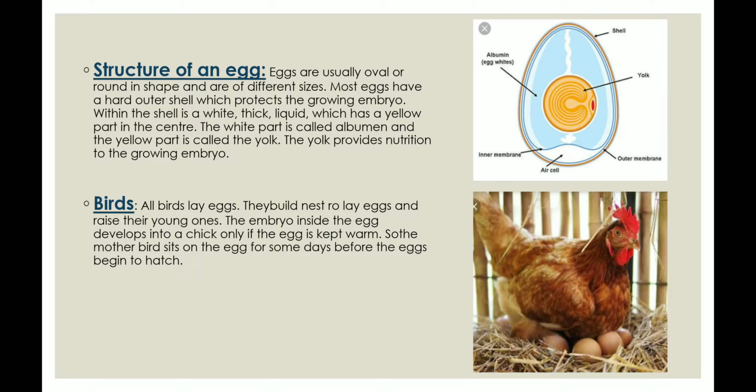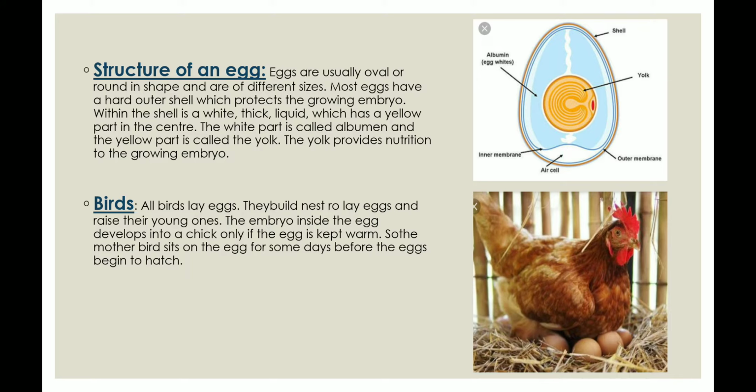So if the bird doesn't keep the egg warm, this egg will not turn into an embryo. This baby will not be developed into a chick. So this egg needs to be kept warm in order for the baby inside to be fully developed.